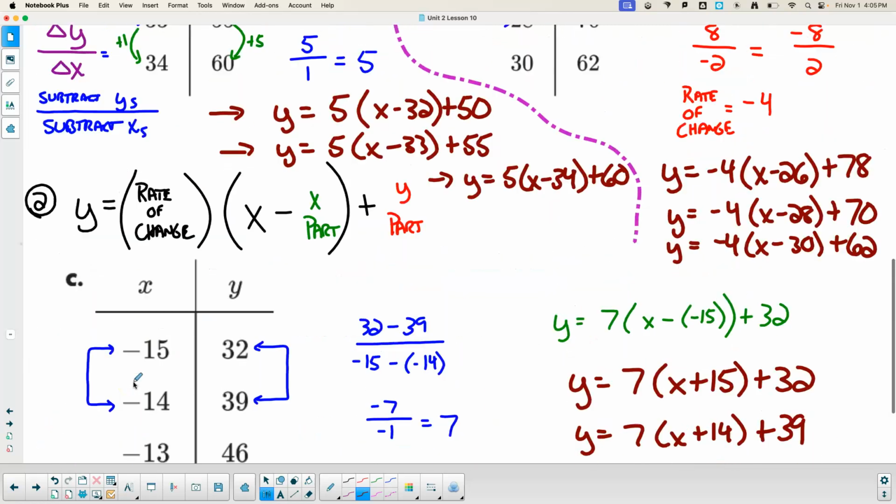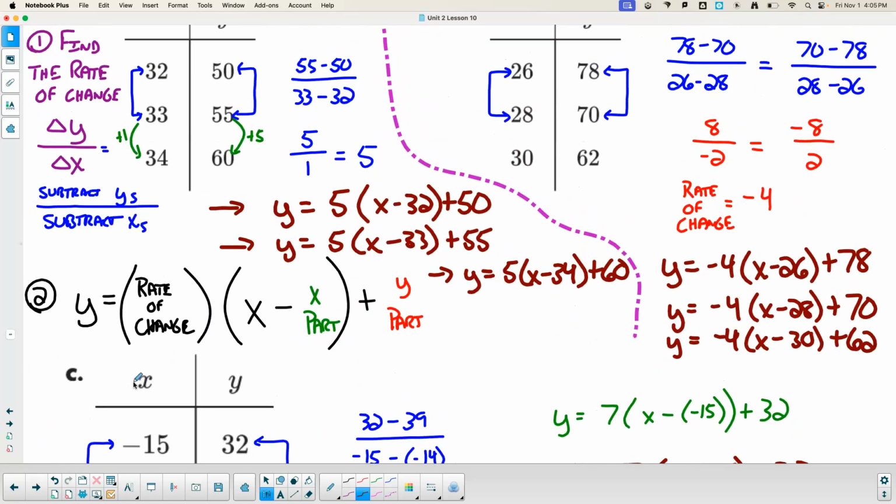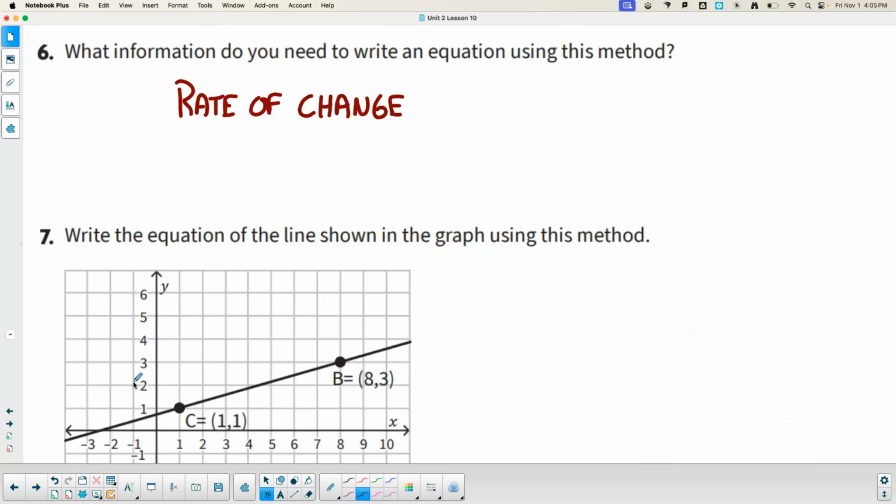When we subtract the y's over subtracting the x's here, this step number 1, that is actually finding the slope. So this is the slope of our line. And we need a point on the line.